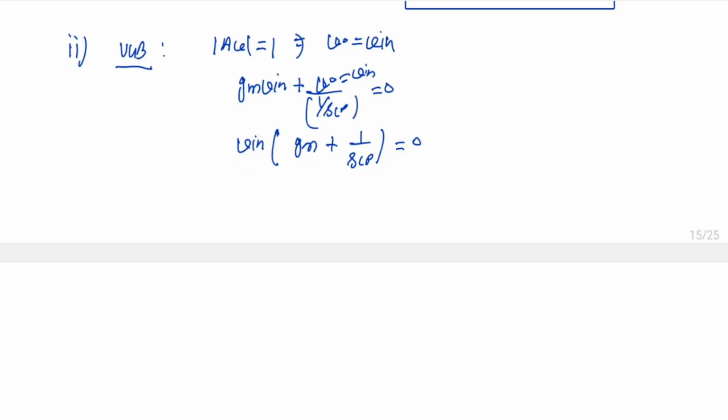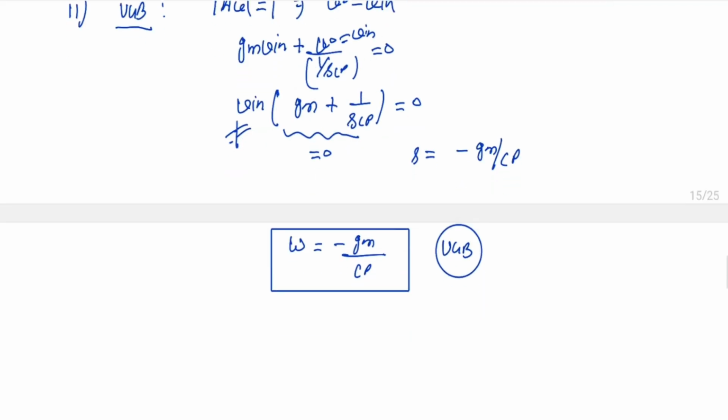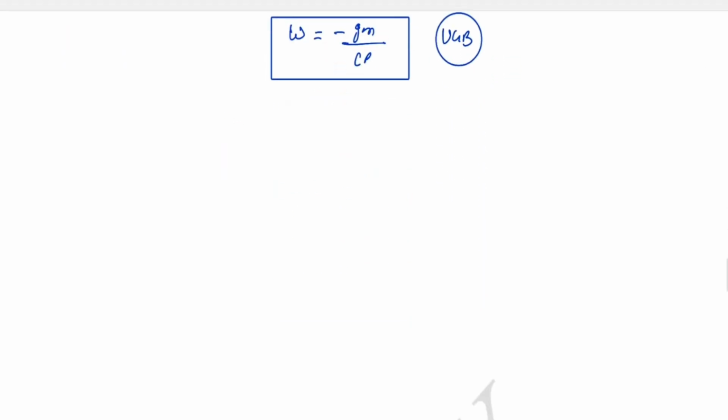V in can't be 0, so this term will be 0. So what will be the frequency? S equal to minus GM by CP, or omega equal to minus GM by CP. This is our UGB frequency at which our gain will be unity. Now we will calculate pole locations.